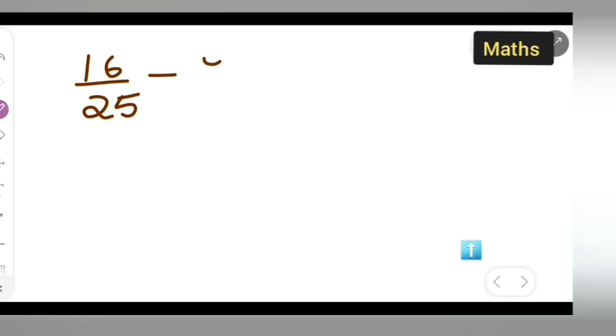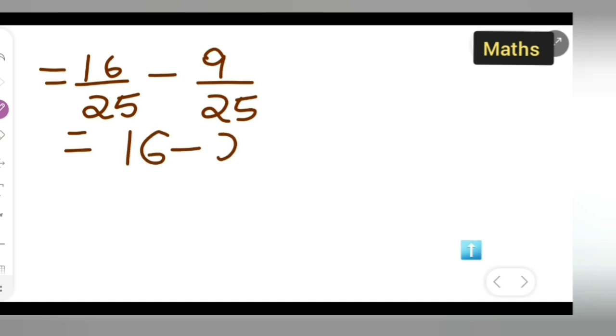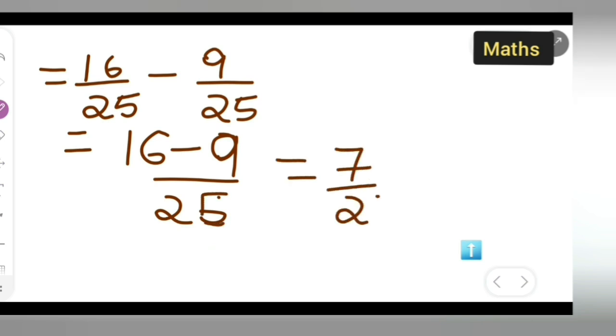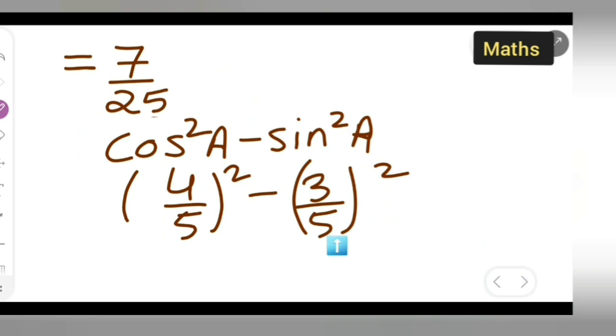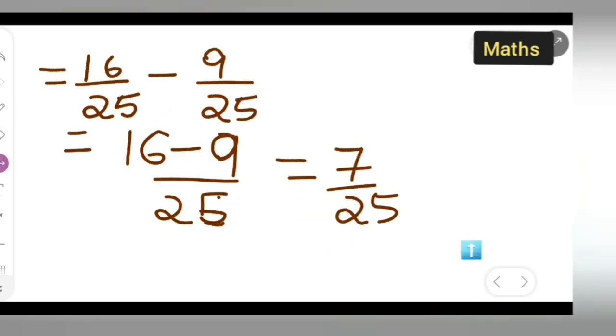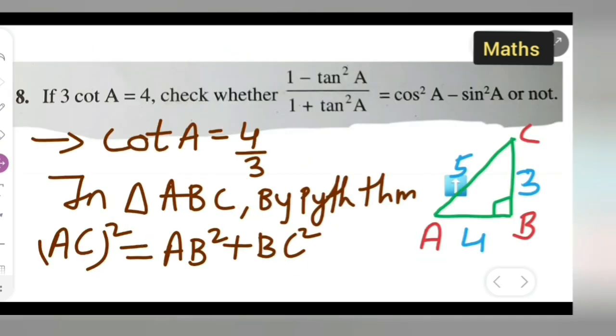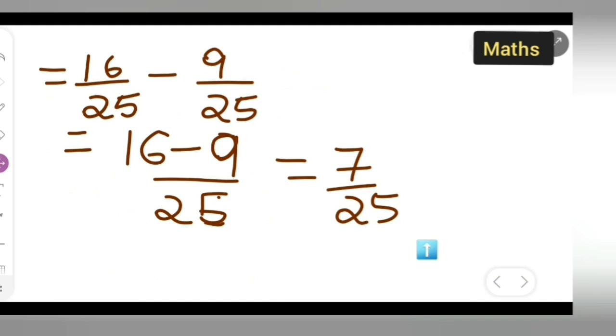Basically the denominator is common, right? 16 minus 9 upon 25 gives you 7 upon 25. We are getting the same answer. For the first part we got 7 upon 25, and the second part also we got 7 upon 25. So both are equal, right? So basically I can make the final statement that therefore this is equal to this.